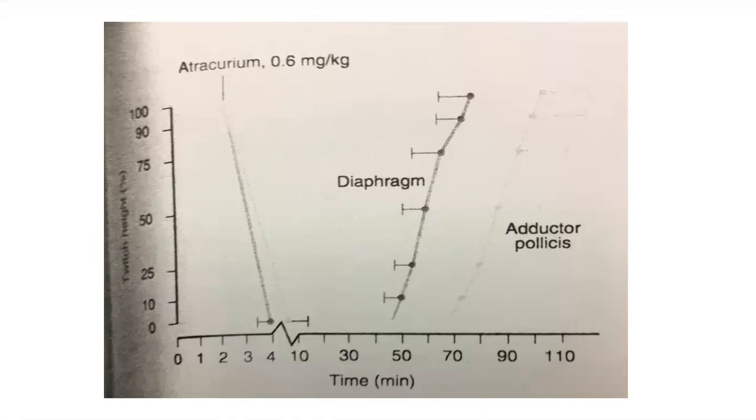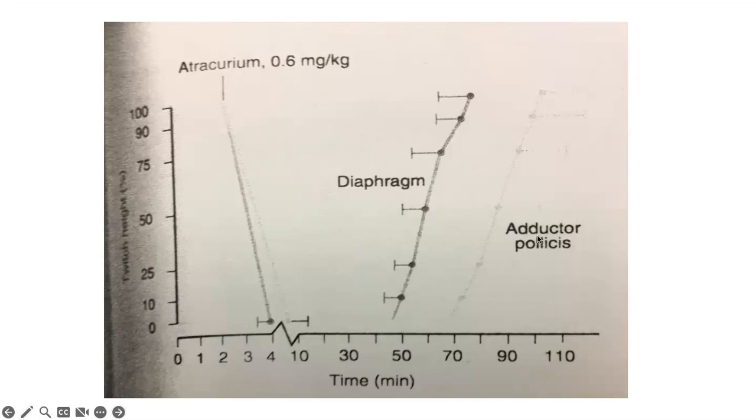Why is my patient breathing? It's because of this. The diaphragm is resistant to muscle relaxant, and then in terms of recovery, it recovers first. All of these are survival advantages. The diaphragm has to be resistant because that's the main muscle that helps you to breathe. Then the adductor pollicis recovers later.